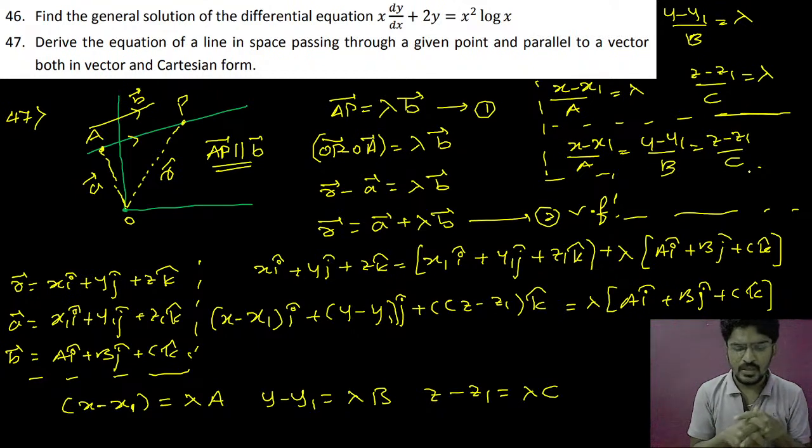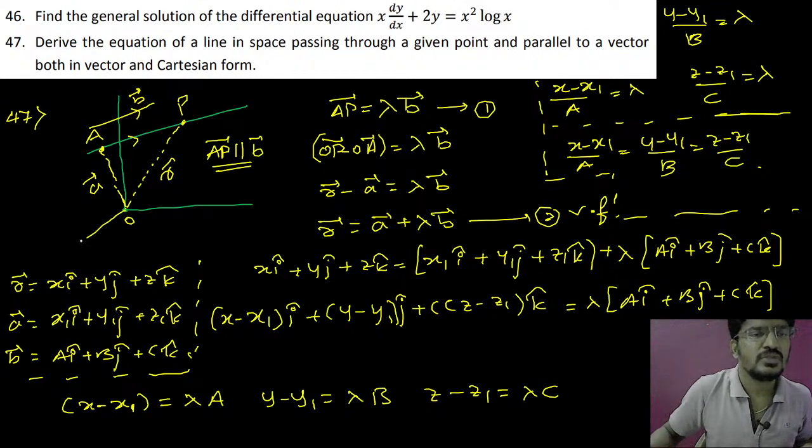Theorems are very simple in vectors, and this is the z-axis. Okay, x, y and z. Clear?